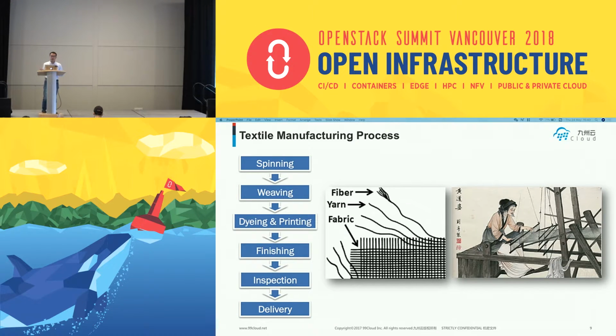So let's take a look at the textile manufacturing process. As we all know, textile manufacturing is a process to convert fiber into fabric. First of all, we spin the fiber into yarn and weave the yarn into fabric.